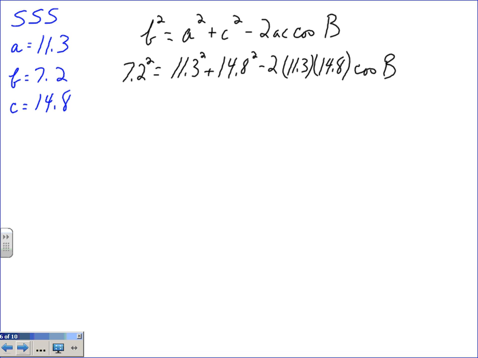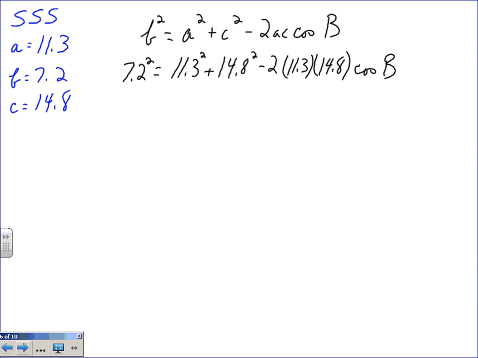Okay, so 7.2 squared, I have 11.3 squared, I have 14.8 squared, and I have 2 times 11.3 and 14.8.